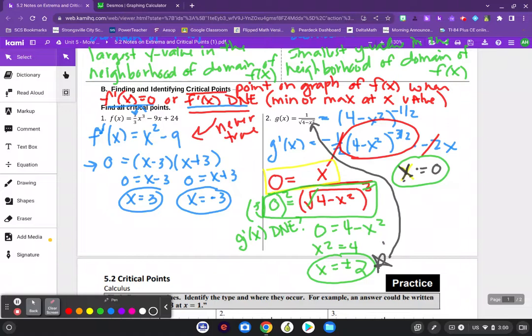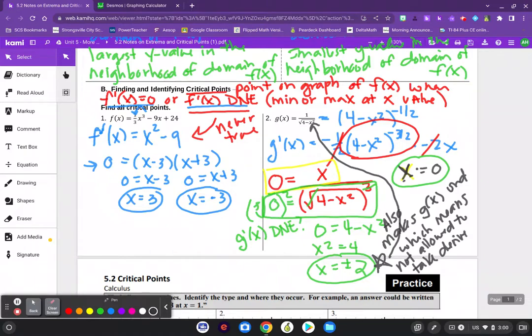So this also makes g of x undefined, which means I was not even allowed to take the derivative anyways at x equals plus or minus 2. Let me show you what that means.